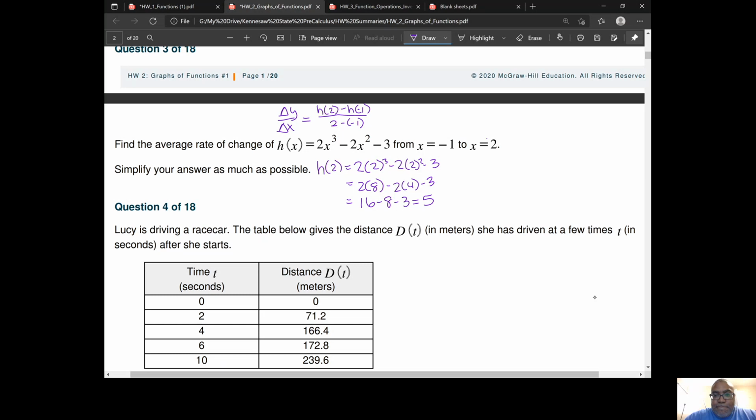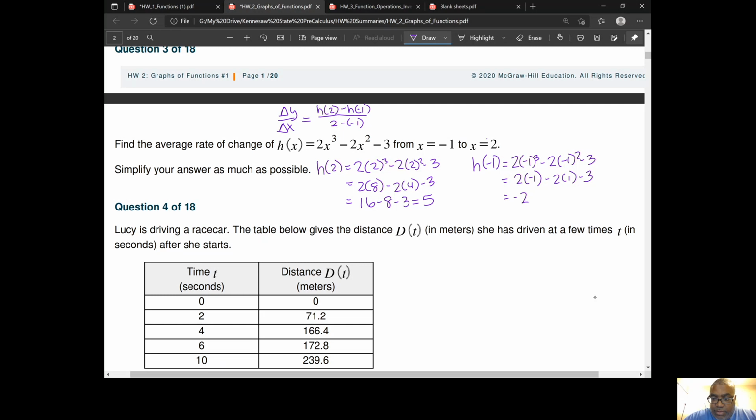All right. And h of -1 is 2 times -1 cubed minus 2 times -1 squared minus 3. -1 cubed is -1, but let's just do it like this. 2 times -1, minus 2 times 1, since -1 squared is 1, minus 3.